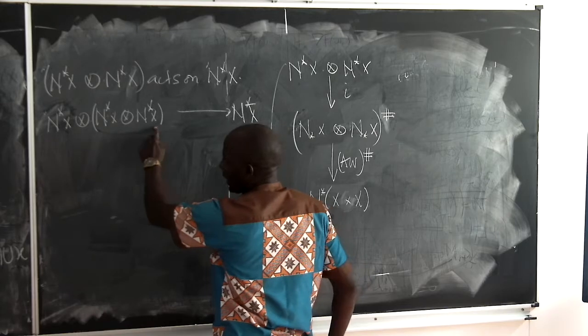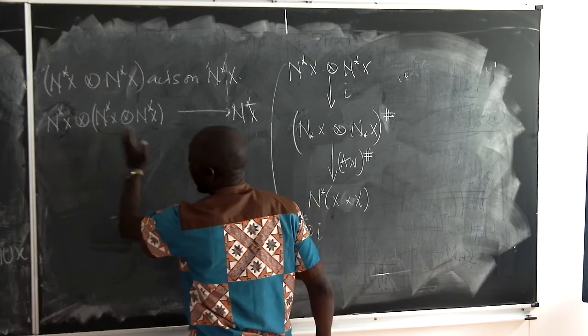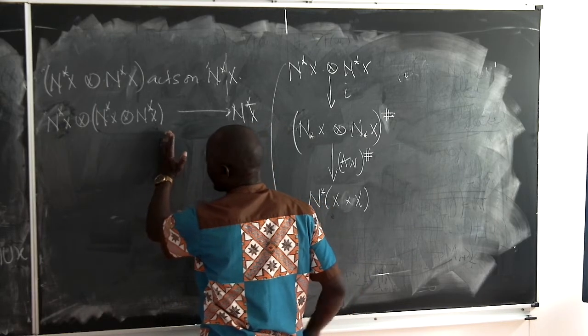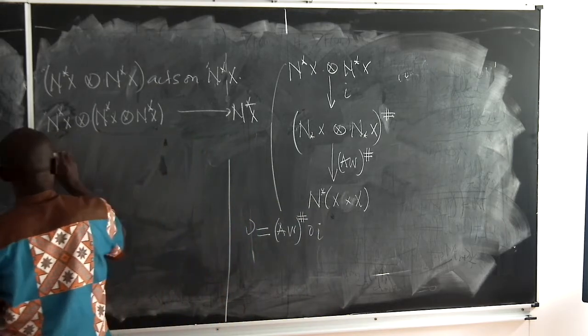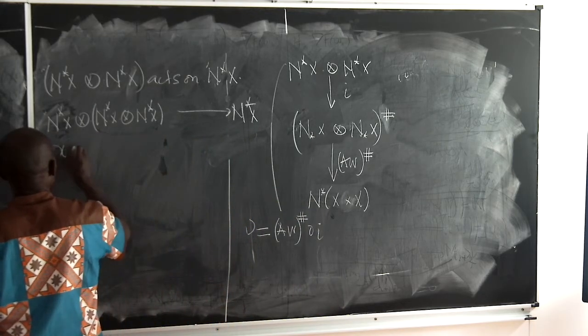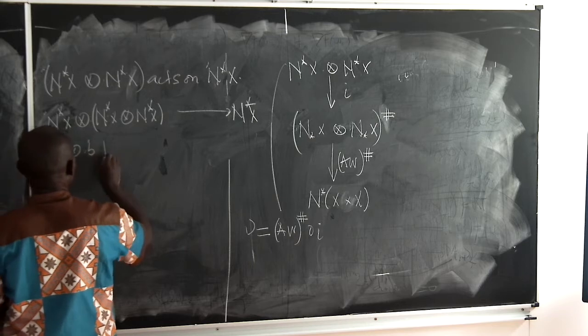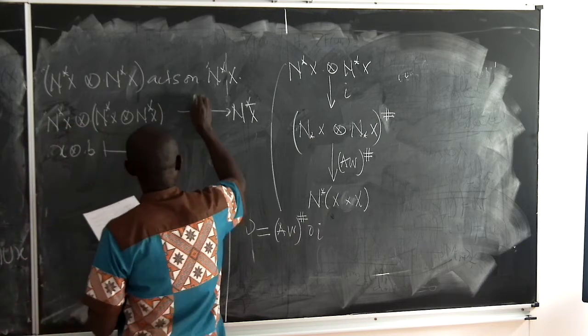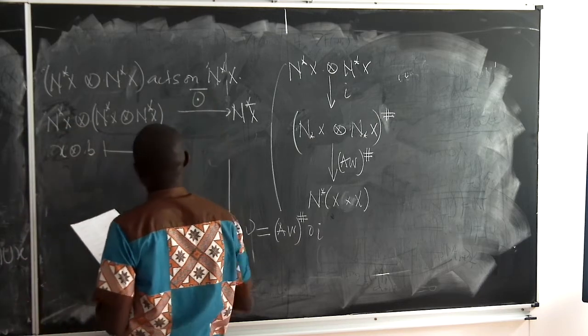This acts on NX on the right side as follows. Consider x here and here b. Let me denote this action like this. Okay.